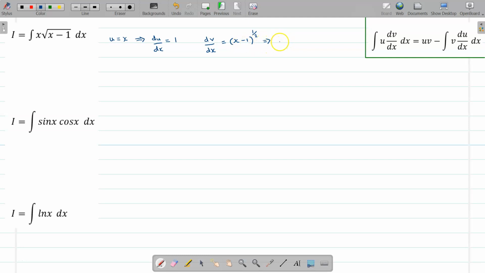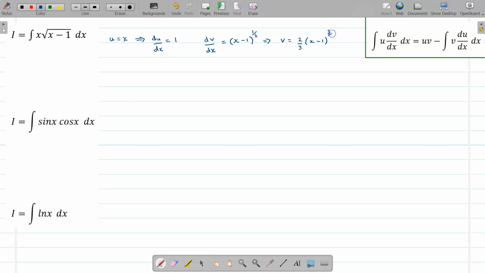Now to integrate that, you have to recognize that this is the chain rule in reverse. It's a recognition problem. So the answer is that v is the integral of dv by dx, and the integral of this is you raise the power by 1 and divide by the new power. So it's going to give you 2/3 of x minus 1 to the power of 3/2.